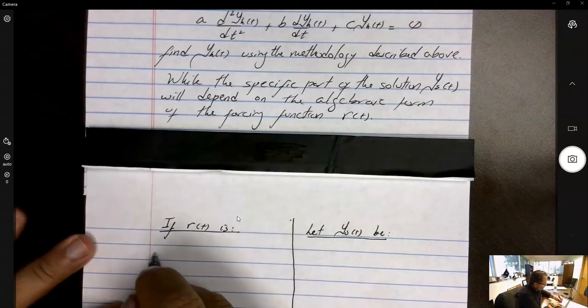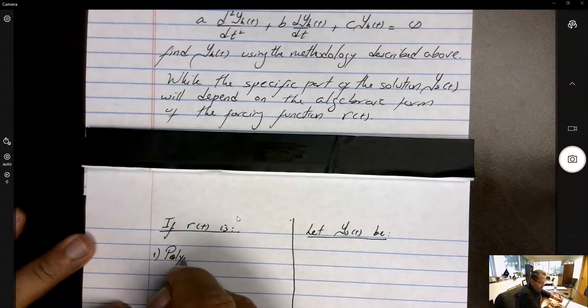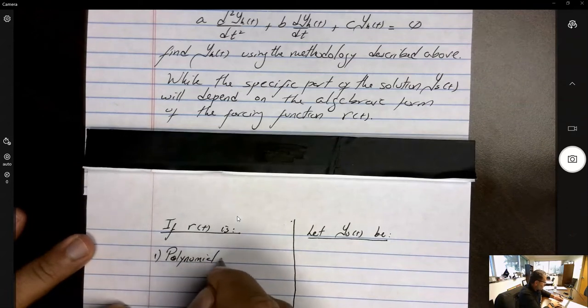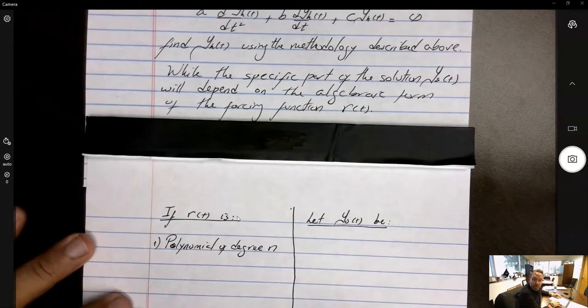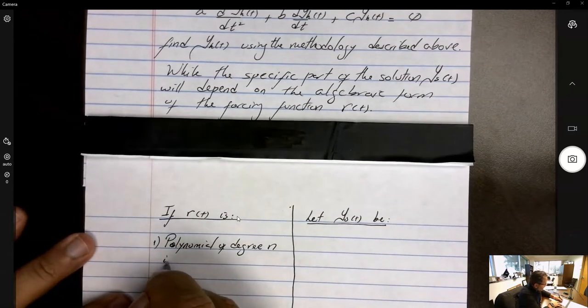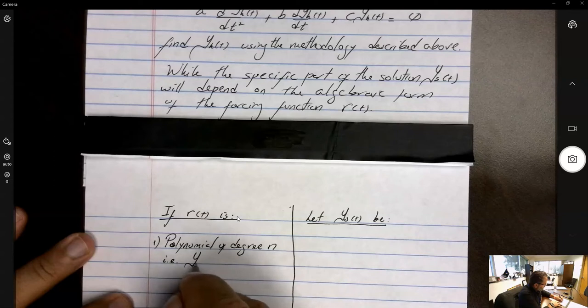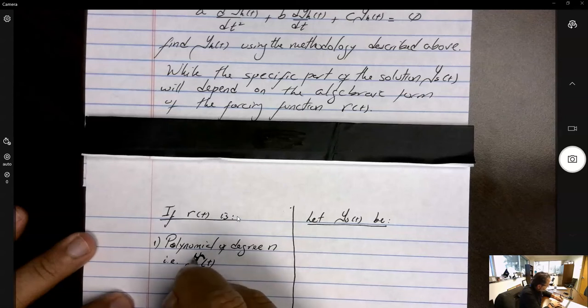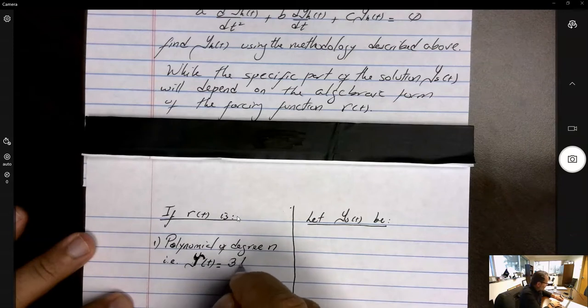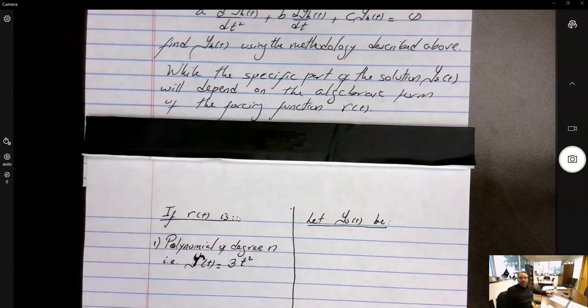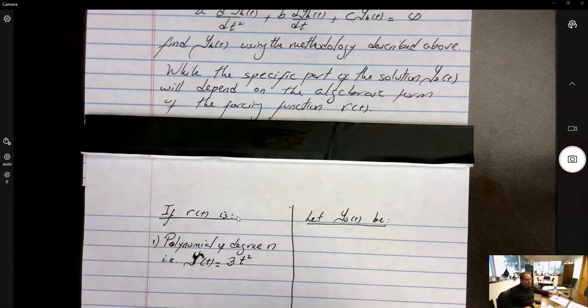So 1, if it's a polynomial of degree n, so let's say, i.e., this will be r of t, this is an r, is equal to 3t squared, for example. This is an example. It's a polynomial of degree 2 in this case.